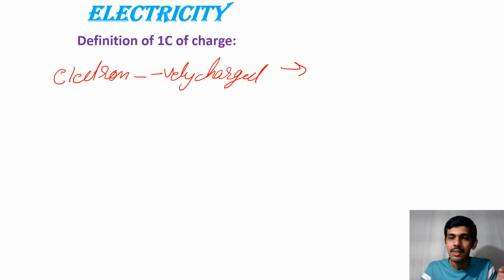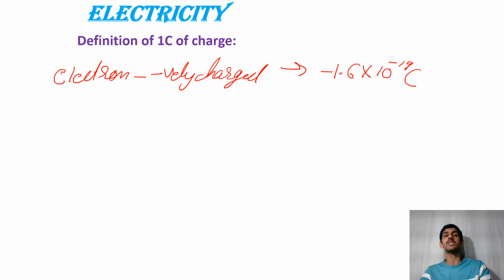That we have not told till now. The charge of an electron is minus 1.6 into 10 to the power of minus 19 coulomb. This is how small the unit of an electronic charge is. Remember, it is minus 1.6 into 10 to the power of minus 19 coulombs. That is the charge of an electron.